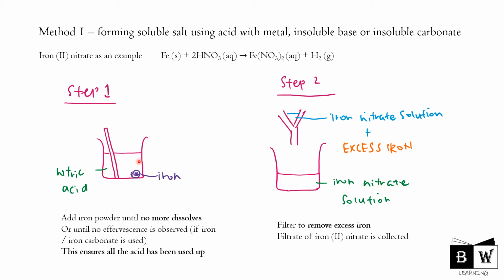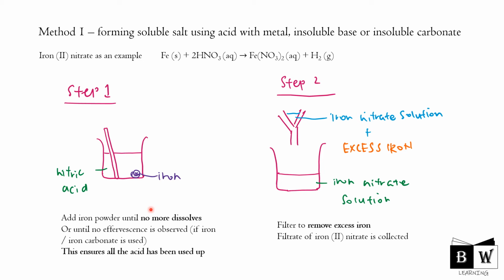If the acid has not been fully used up, you would then contaminate the soluble salt that we have. This is why we need to add iron powder until no more iron powder dissolves. This is where we know that all the acid has been used up.